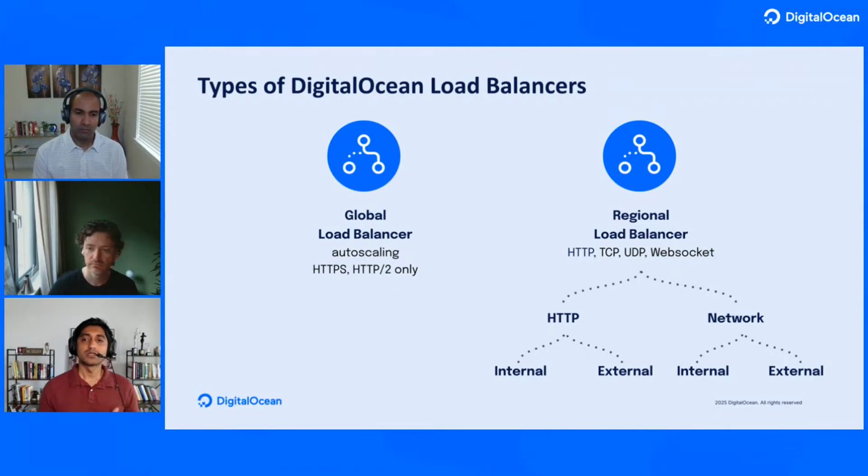I'm going to explain a little bit more on each of these. On a high level, HTTP is a layer 7 load balancer, and network is a layer 4 load balancer in the OSI layer. And internal versus external basically signifies exposure to the public internet versus non-exposure to it. Internal does not have a public IP. Next slide.